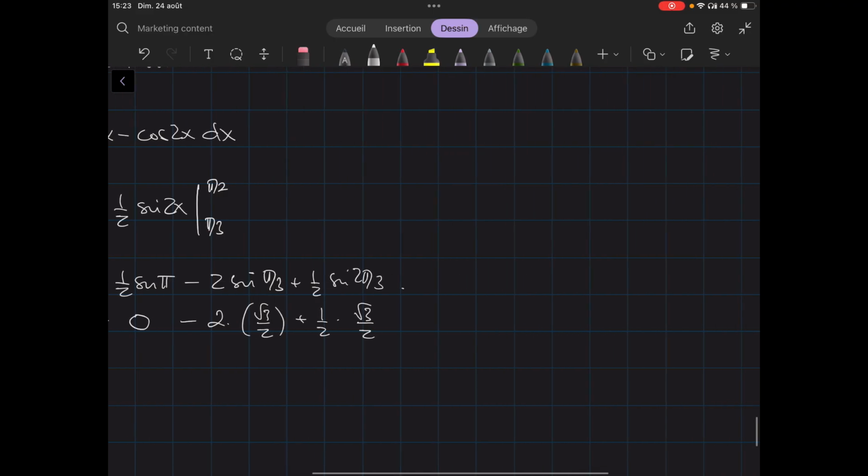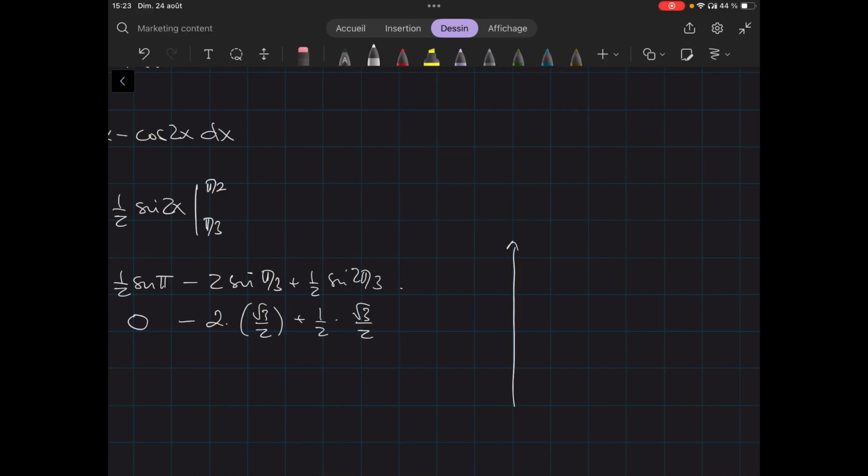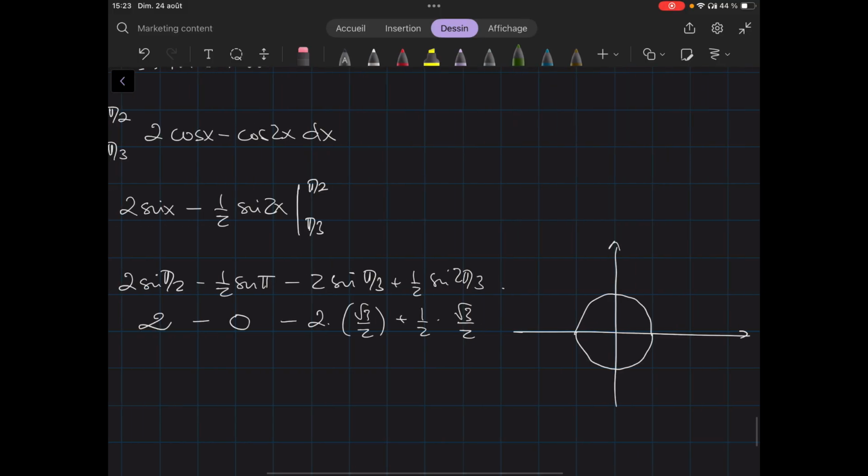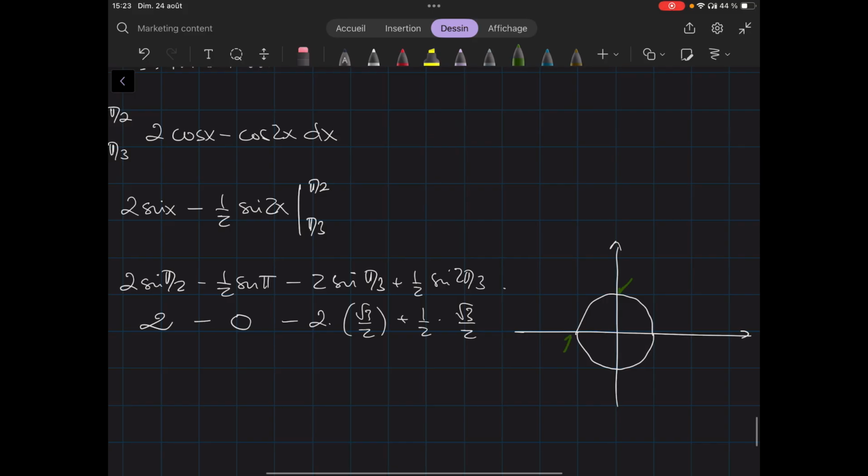If it helps, please sketch out the unit circle. Pi by 2, pi, pi by 3, 2 pi by 3. And as we can see, sine of pi by 3 is equal to sine of 2 pi by 3.